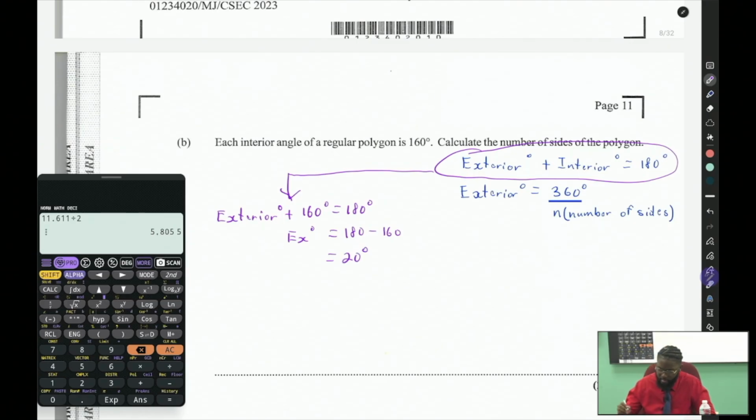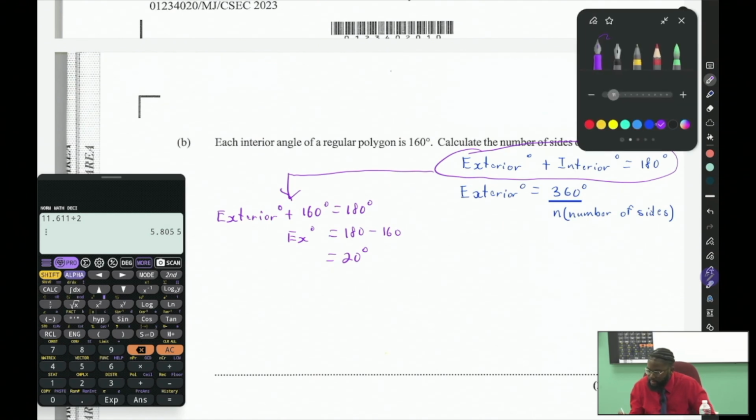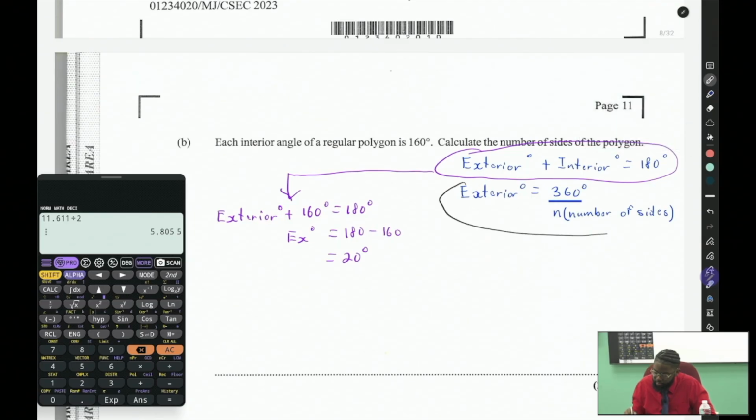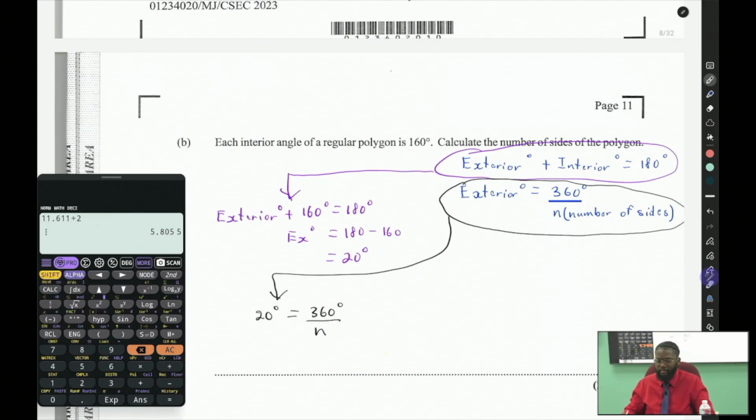So now, we're still trying to find the number of sides of the polygon. So now that we know the exterior angle, we can then use the next equation. So exterior angle is 20 degrees, is equal to 360 degrees divided by n. So we need to find n.